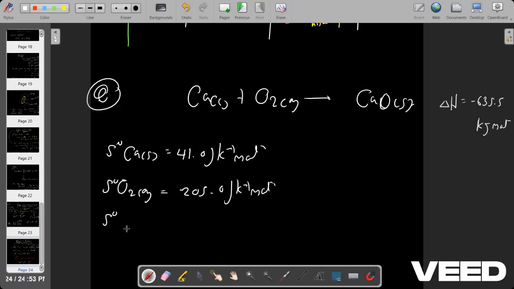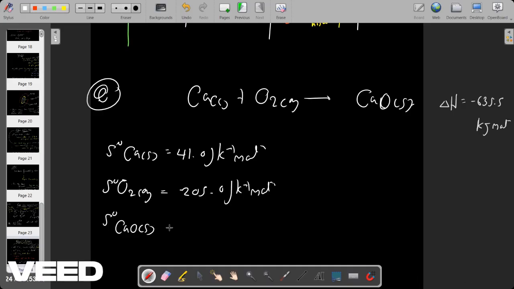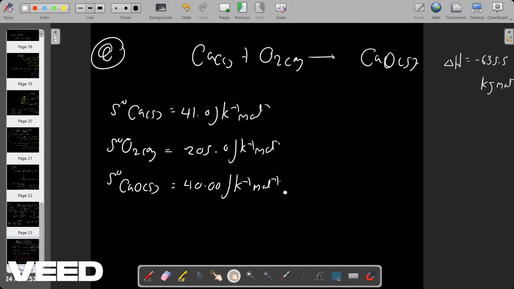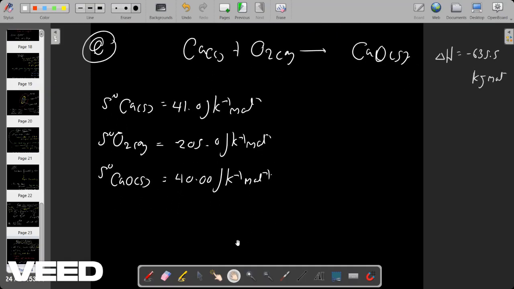S naught for calcium oxide solid, 40.00 joules per Kelvin per mole. Using this data, tell whether the reaction is thermodynamically feasible or not.